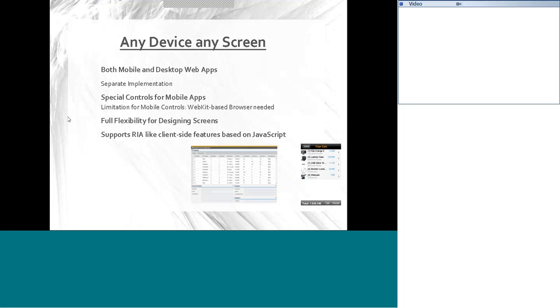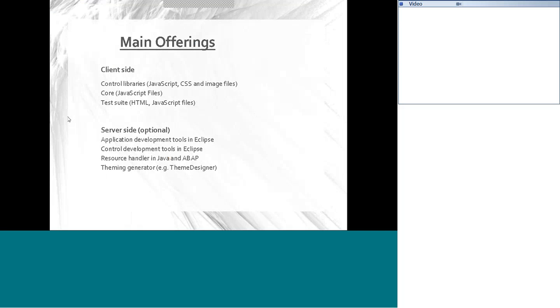So that was about designing the screens, the flexibility that you would get in SAP UI5. It also supports RIA, like client-side features. The main offerings of SAP UI5 are different client-side and server-side components. For client-side, it provides you the control libraries which are based in JavaScript, HTML, and CSS.